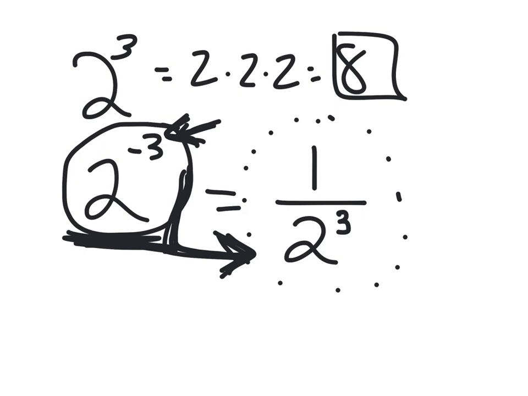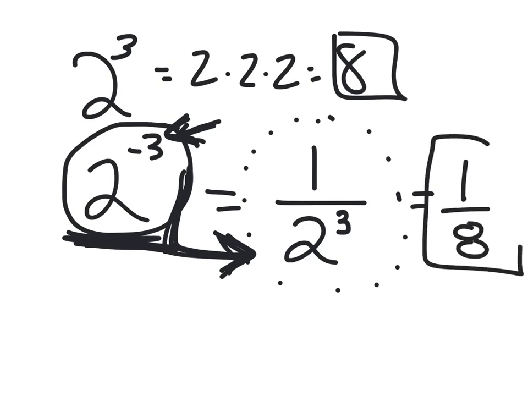But I could write my answer like this depending on what the question's asking. So what is 2 to the negative third? It's actually 1 over 2 to the third, which is the same as 1 over 8. So essentially, it's the reciprocal of what the initial answer is.